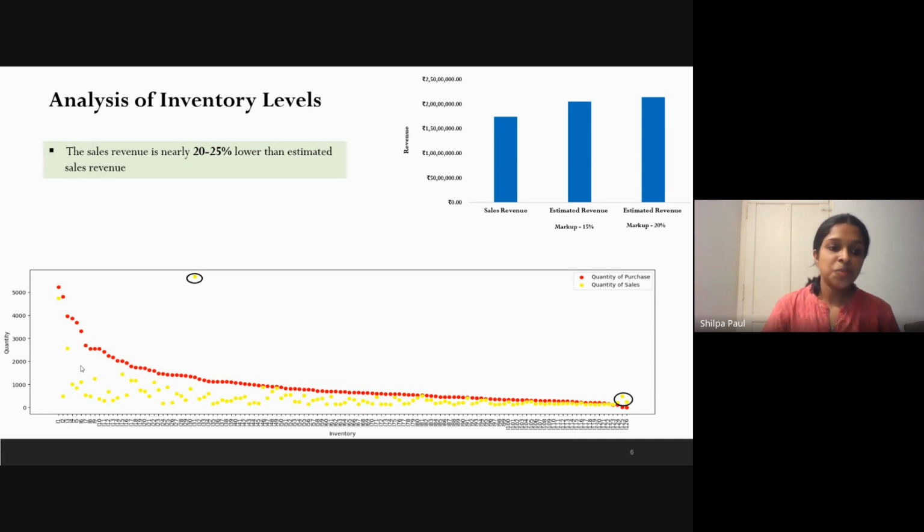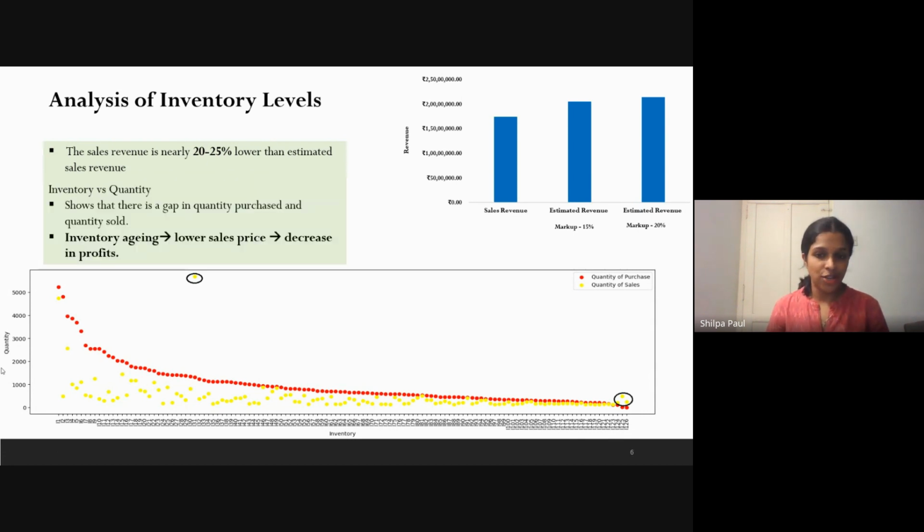So when these bulk purchases are put in irrespective of the demand, the inventory remains on the shelf for a long time, and paints lose their effectiveness, or their durability affects their effectiveness, which led to inventory aging.